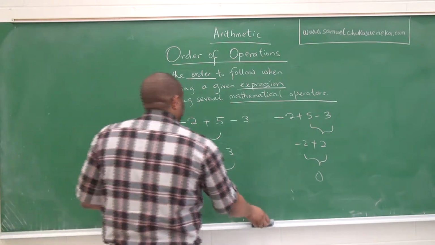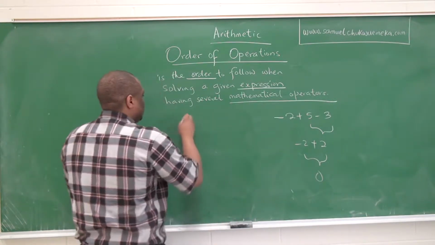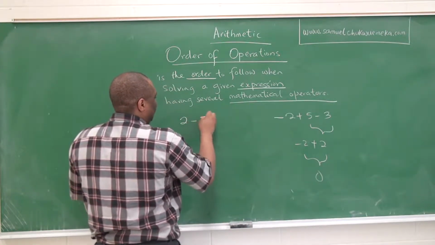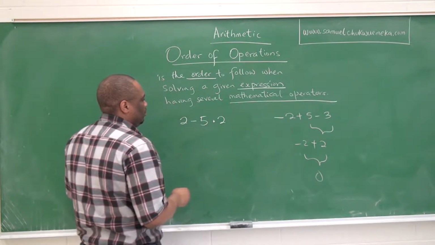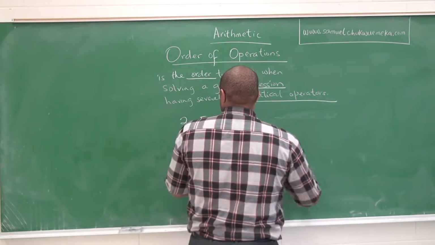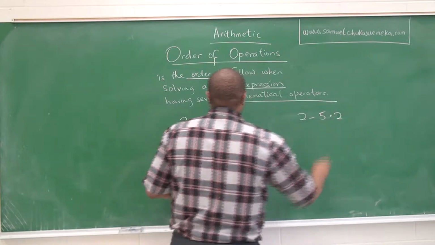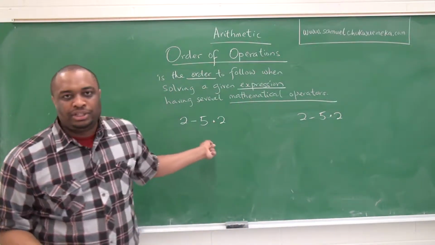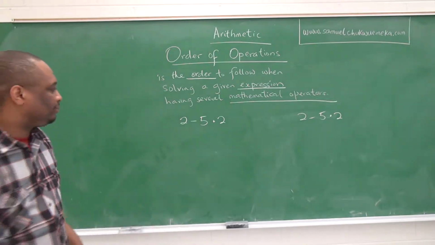If you have this case now, 2 minus 5 times 2, somebody might say, okay, subtraction is the first one, so let me give priority to the subtraction.